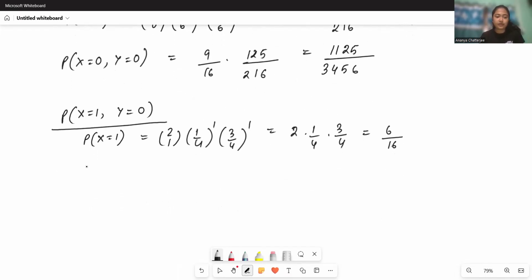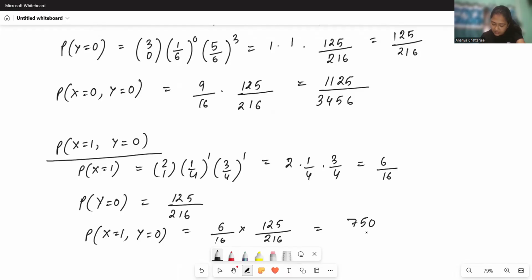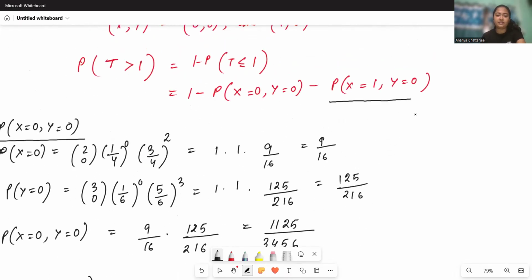Next, probability y is equal to 0 we already found out: 125 by 216. Now probability x equals 1, y equals 0 is simply 6 by 16 into 125 by 216, which is 750 by 3456.